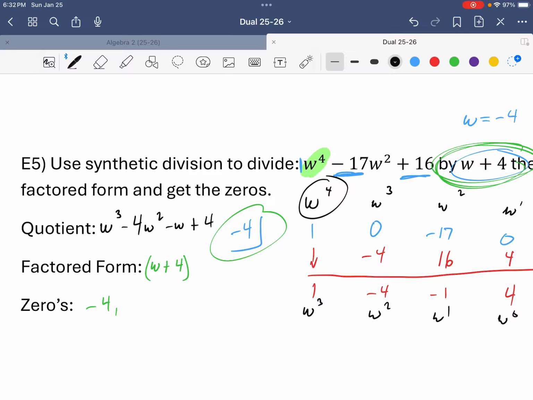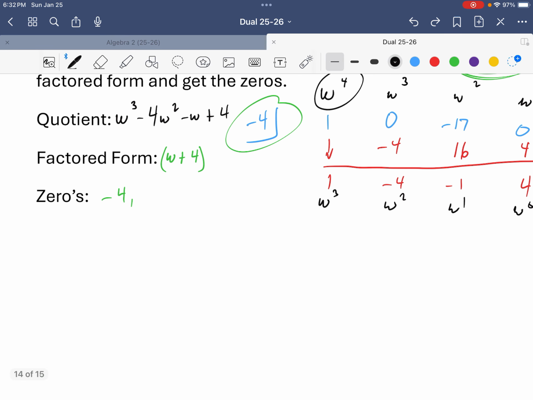Now, what I'm missing is the rest of my factored form and the rest of my zeros. That's what I'm missing here. How do we do it? I have to use the quotient.